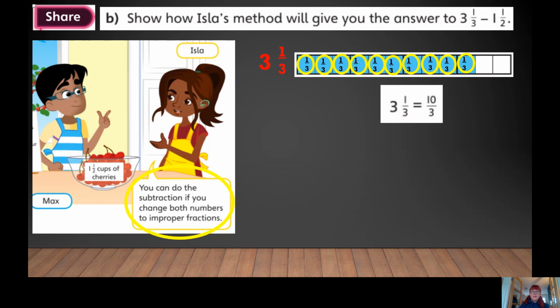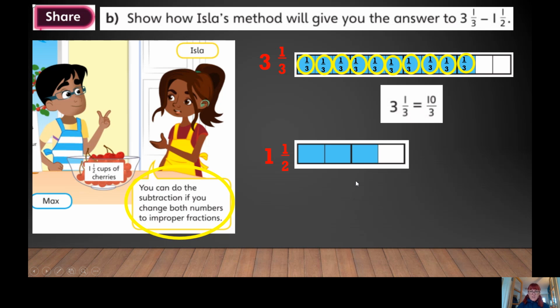Yeah, I get that. So what about the other fraction, 1 1/2? Here we go. All right, let's represent 1 1/2 on our diagram. Okay, we've got one whole section there in blue, and we've got half of a whole section. So that must be representing the 1, and this part must be representing the half.